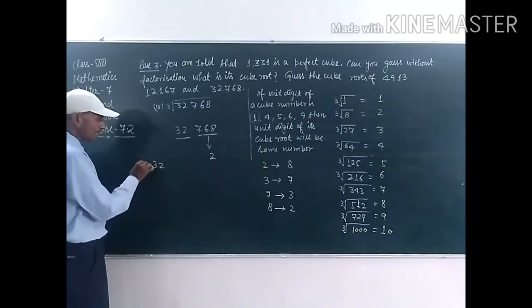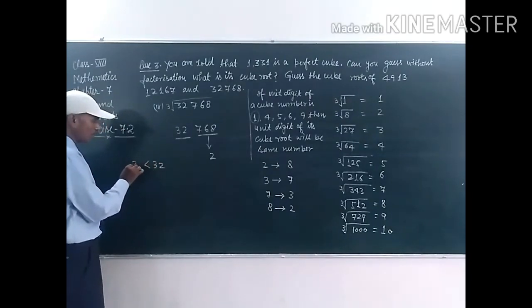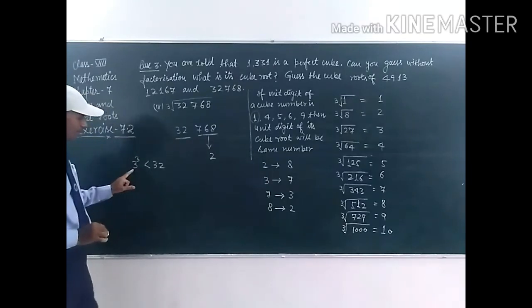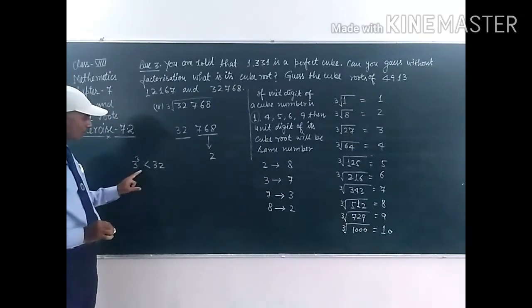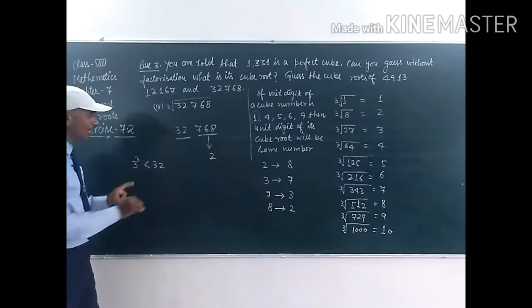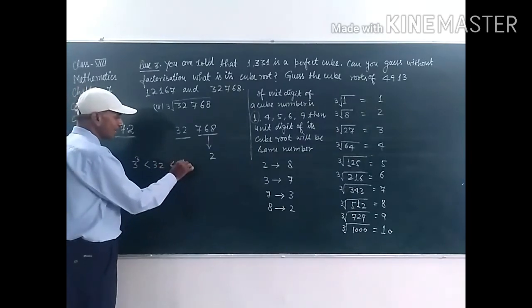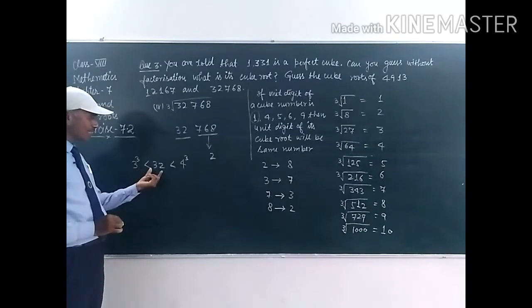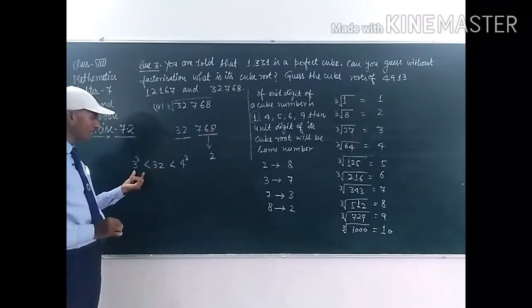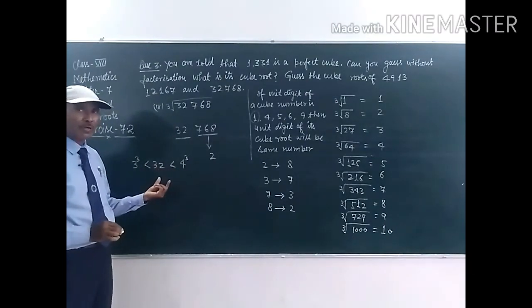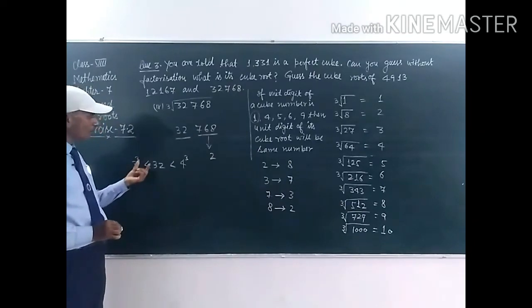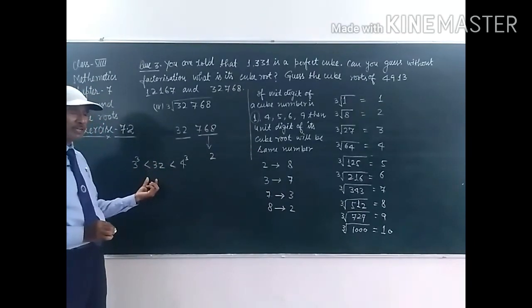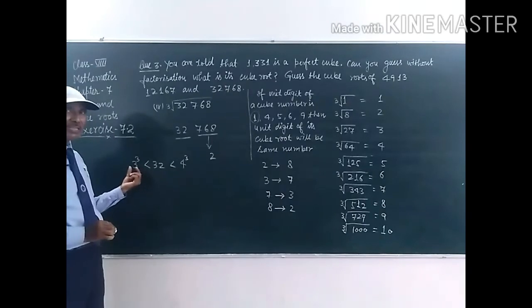32 is greater than the cube of 3 and less than the cube of 4. This 32 is in between the cube of 3 and the cube of 4. So we have to choose the smaller number, that is 3.